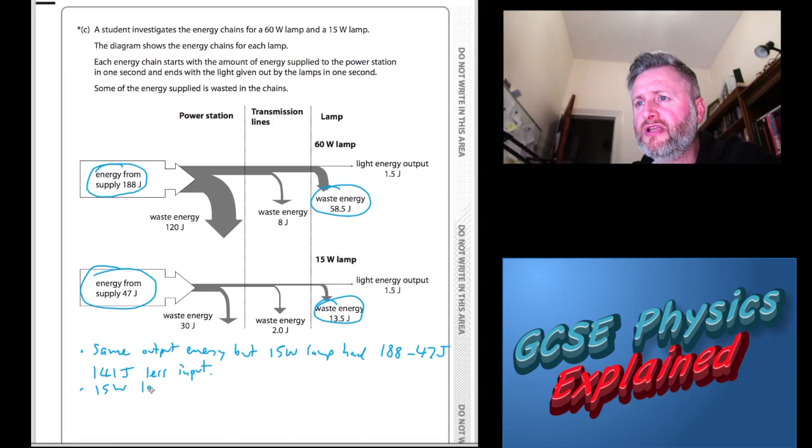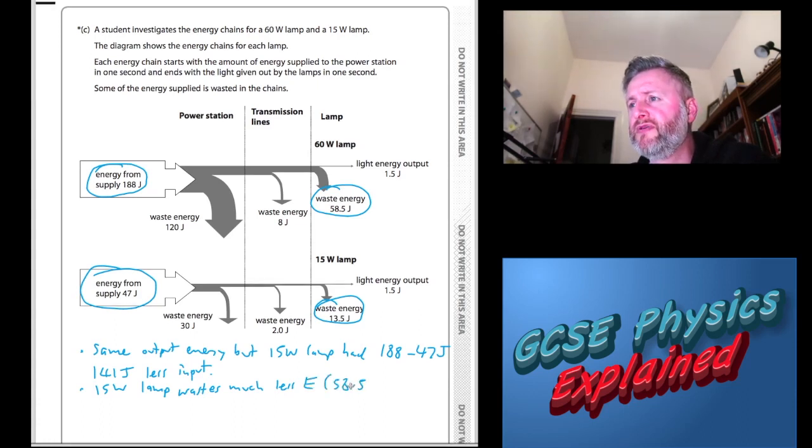15 watt lamp wastes much less energy, so 58.5 take away 13.5, so that's 45 joules.